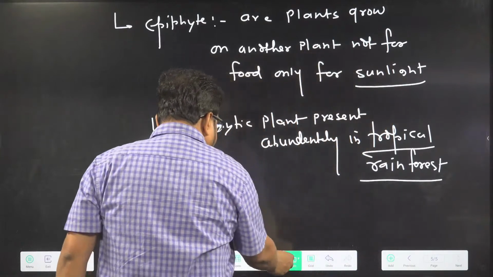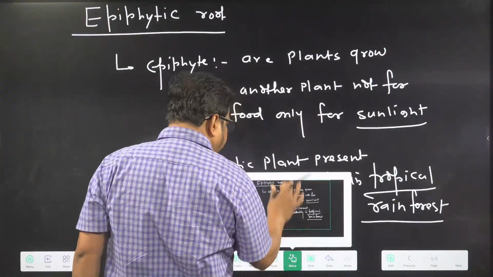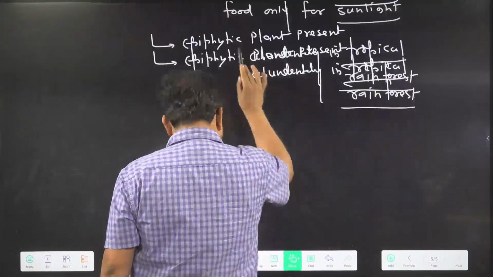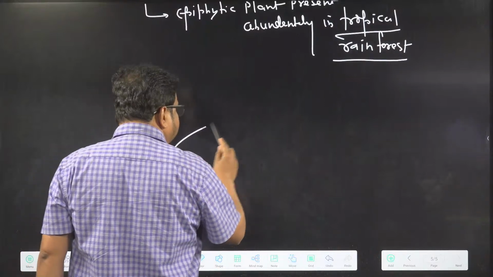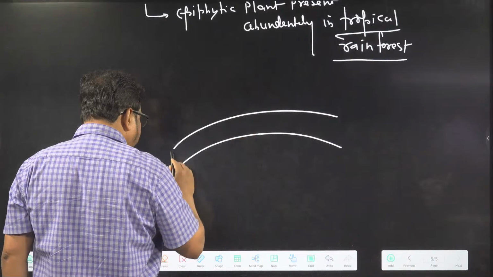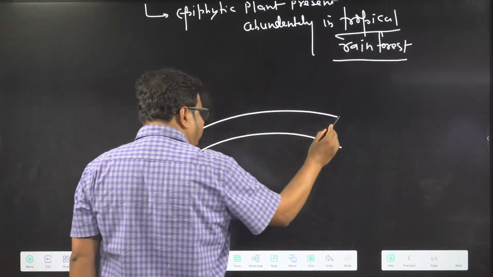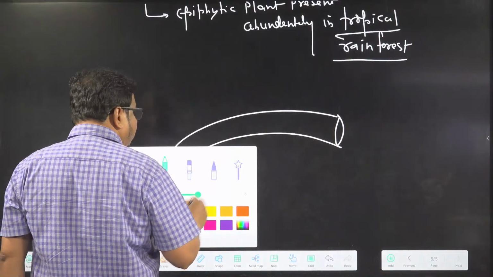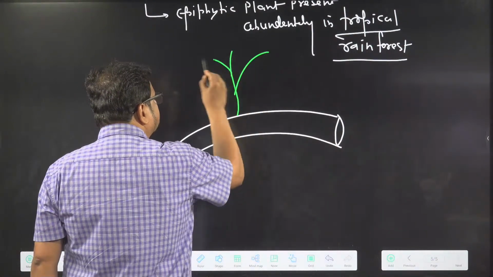So what's happened here? This is the branch of a tree, for example mango. On this branch, a plant will grow.